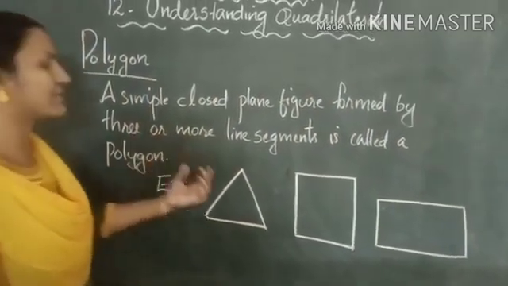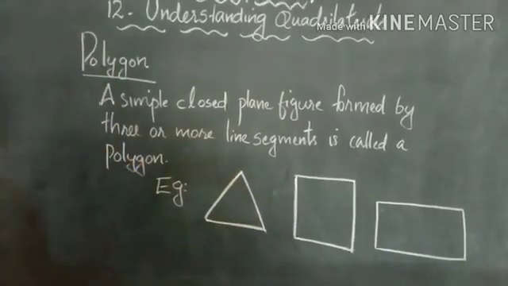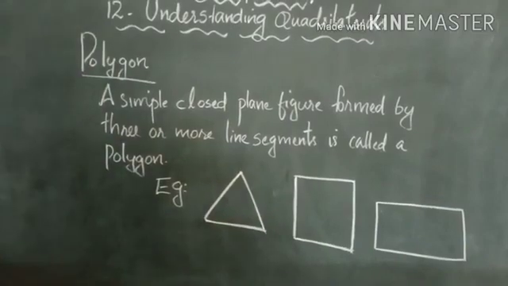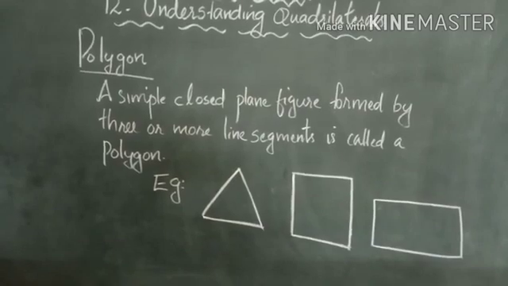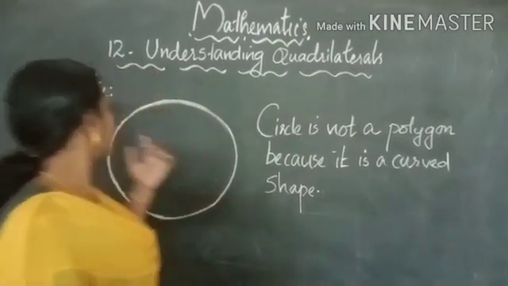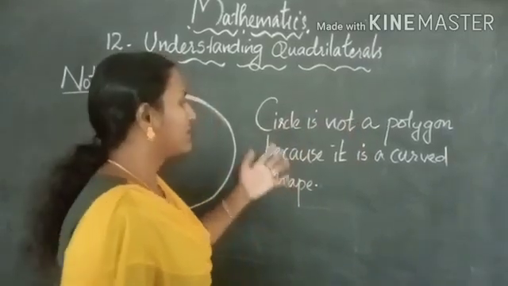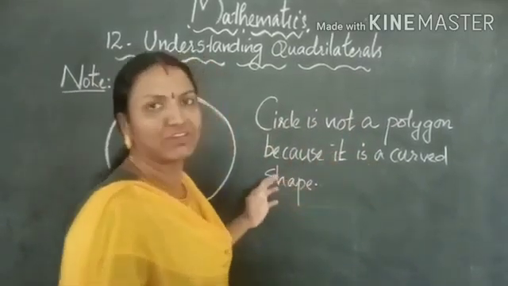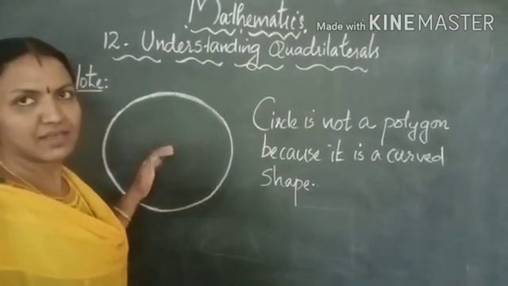A polygon is formed by three or more line segments. Note, a circle is not a polygon because it is a curved shape. It is not made up of line segments.